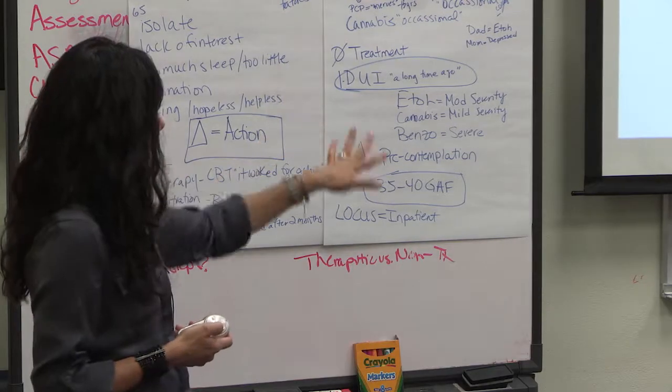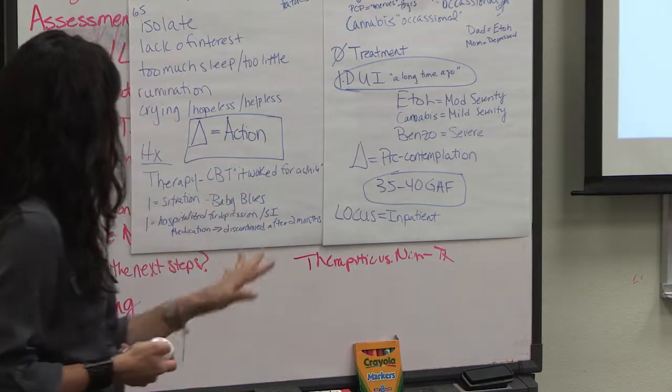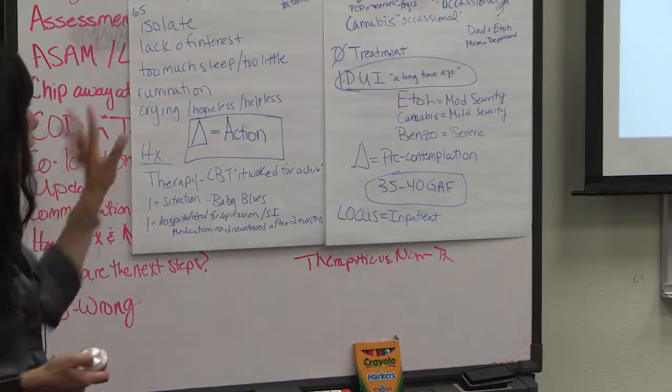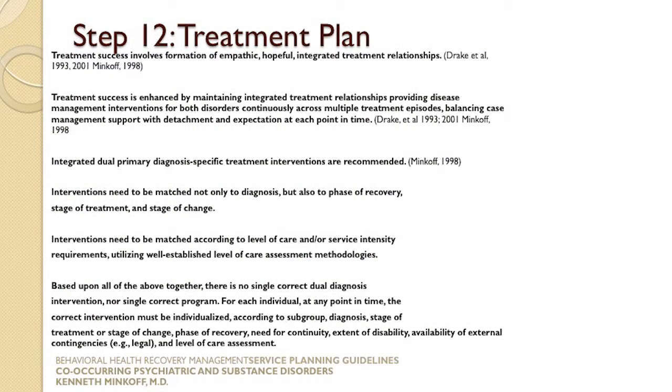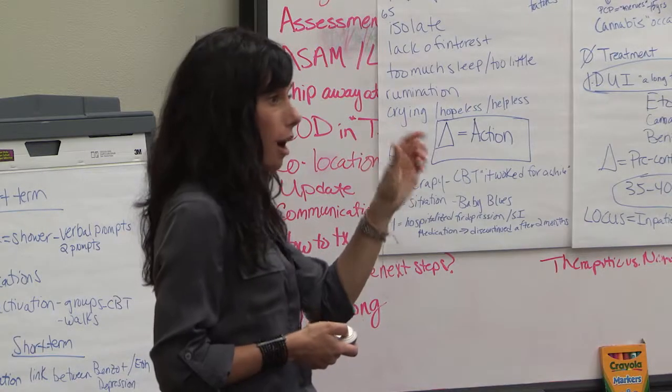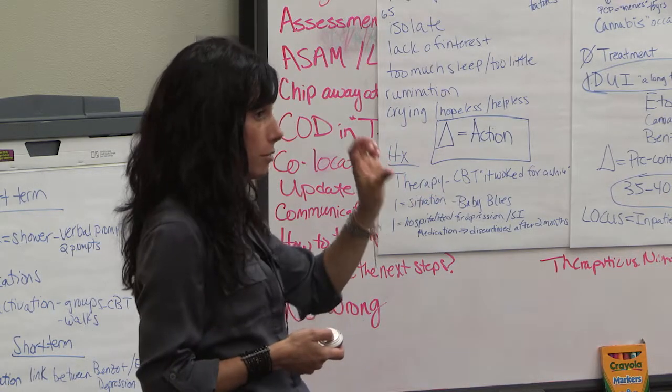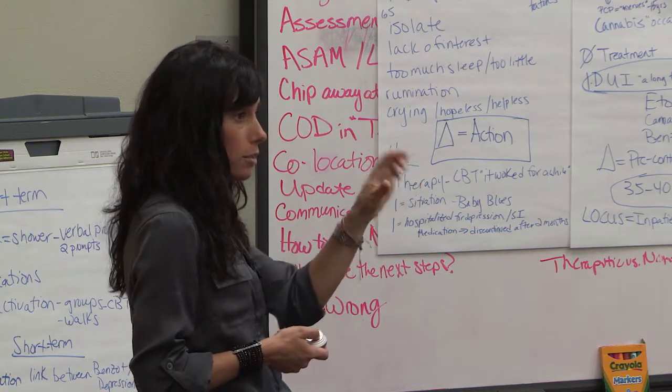So I'm just going to highlight this last little statement here. Based upon all of actually what we've talked about over the last 2 days, there's no single correct dual diagnosis intervention or single correct program. For each individual at any point in time, the correct intervention must be individualized according to the subgroup. And when we talk about subgroup, that's sort of that SMI, non-SMI, high substance use disorder severity, low substance use disorder severity.